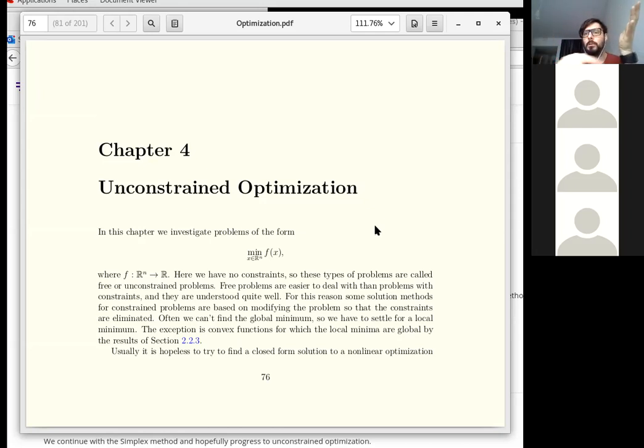You can find the bottom of the parabola and so forth. That's fairly easy. But in general, these problems are in Rn, a very large, multi-dimensional space, and the function can be very complicated.